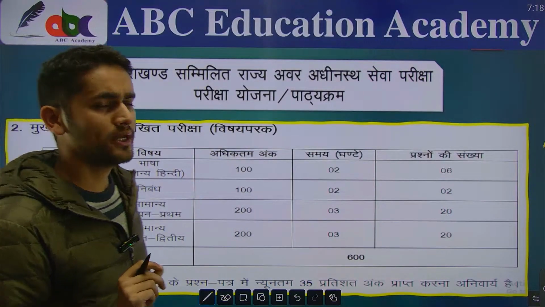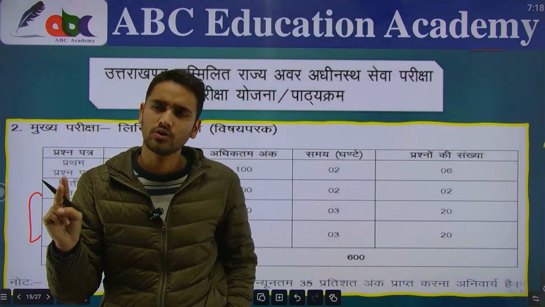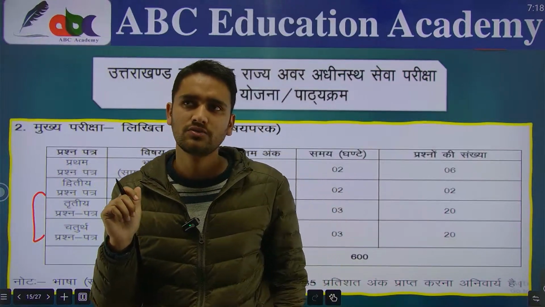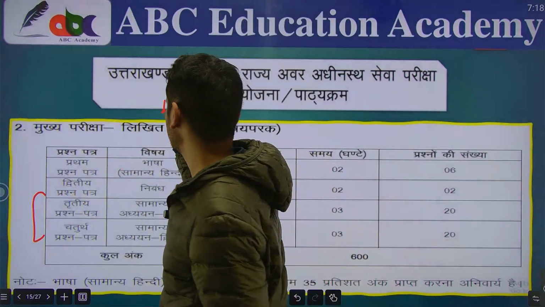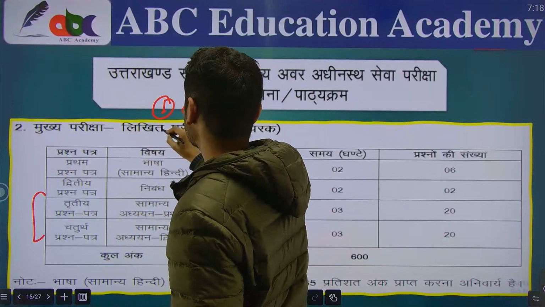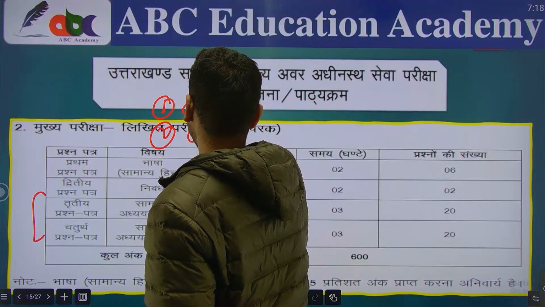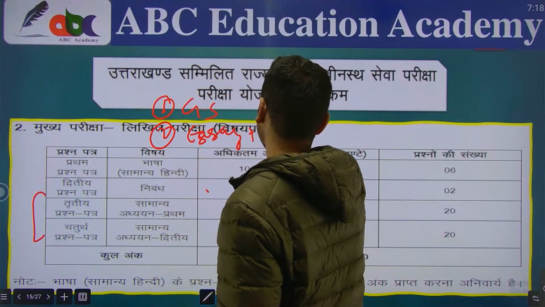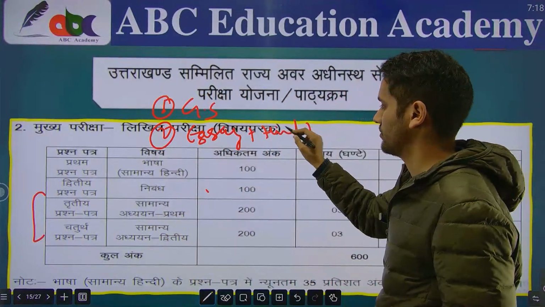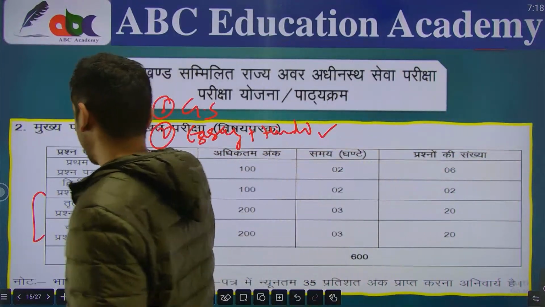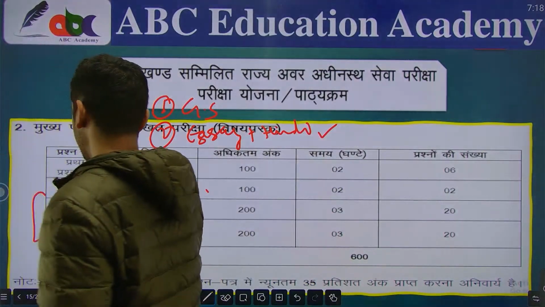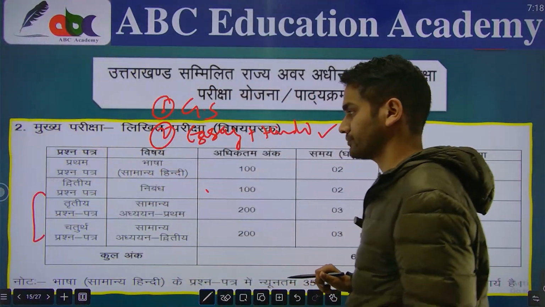Earlier there used to be 2 papers in mains. First one of GS and second paper was of essay plus Hindi. From this year, there will be total 4 papers in mains.